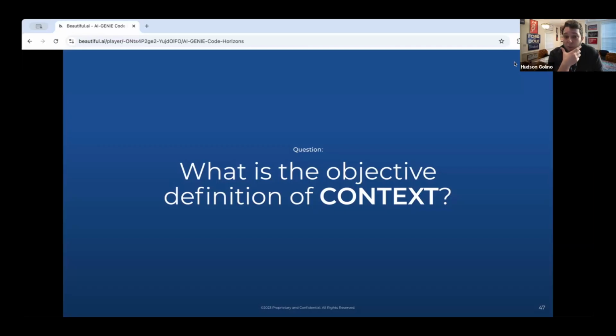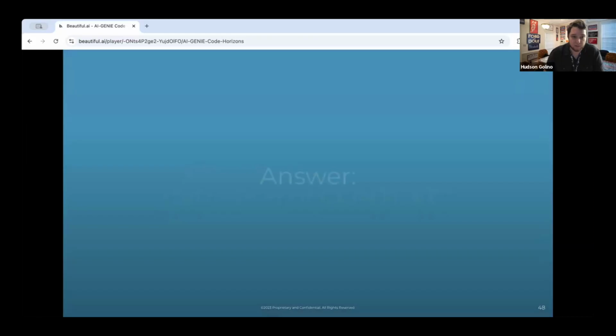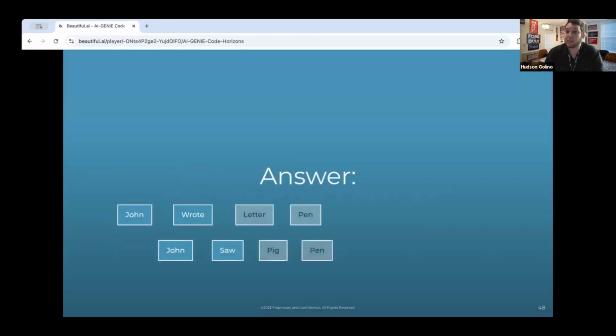And what is the objective definition of context? The objective definition of context is the collection of words that are in the phrase. So as we saw, John wrote letter and pen is very different from John saw pig and pen. John wrote a letter is giving us all the information we need about pen.